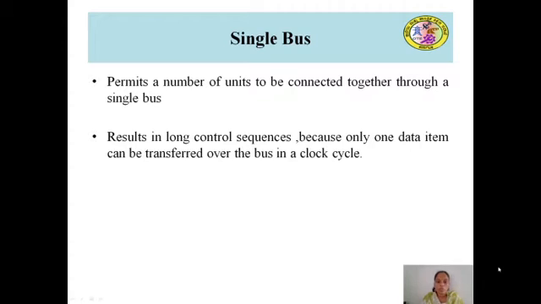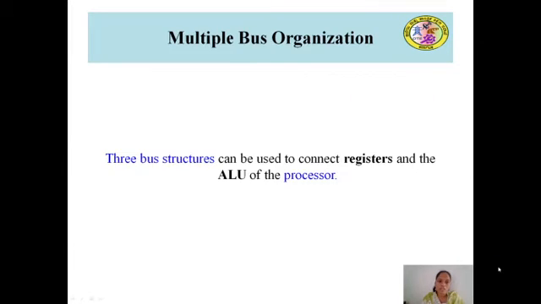To avoid this, most commercial processors provide multiple internal paths that enable several transfers to take place in parallel. Here we study a multiple bus organization with a three bus structure that can be used to connect the registers and the ALU of the processor.